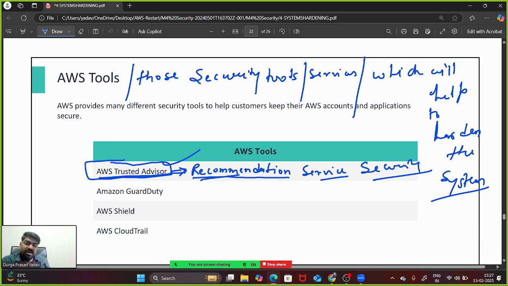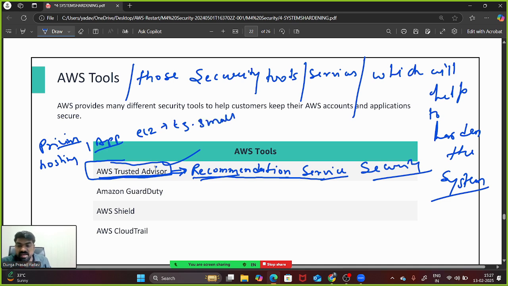If your resource needs any kind of recommendation, then Trusted Advisor will provide it, like this is what you have to use. Let's say I am talking about pricing. You are hosting one application on an EC2 instance, and you are using T3 small.